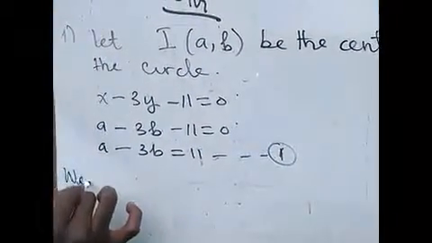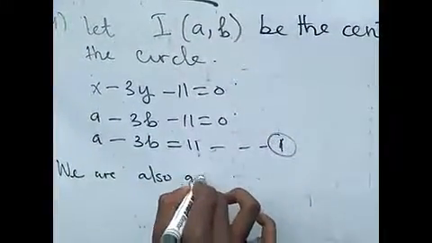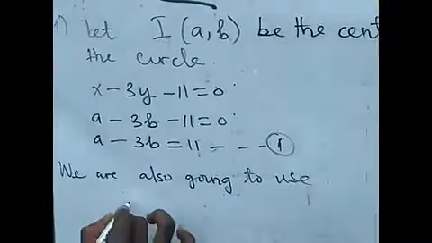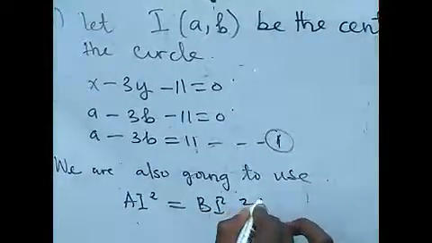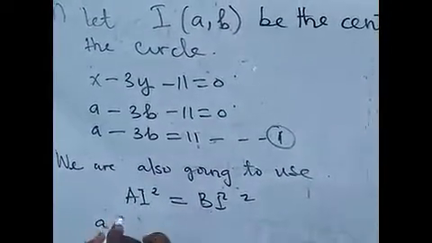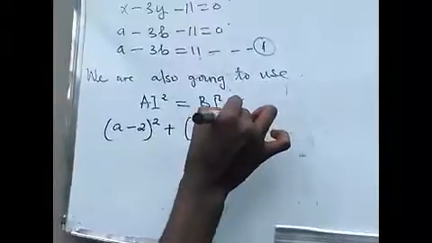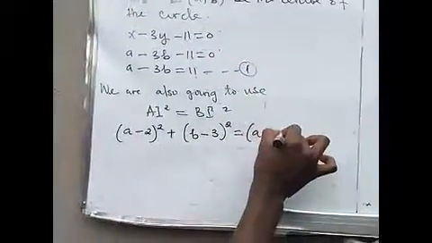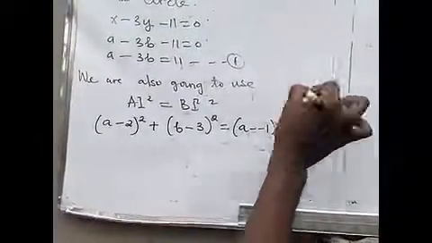We are also going to use this condition that states that AI squared is equal to BI squared, which is going to imply (a minus 2) squared plus (b minus 3) squared equals (a minus 1) squared plus (b minus 1) squared.